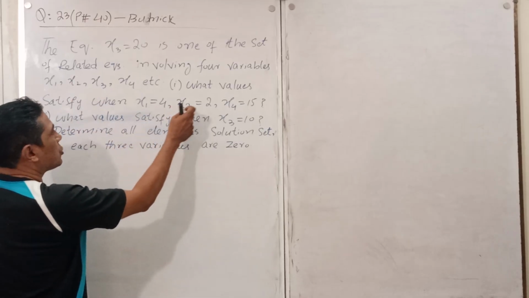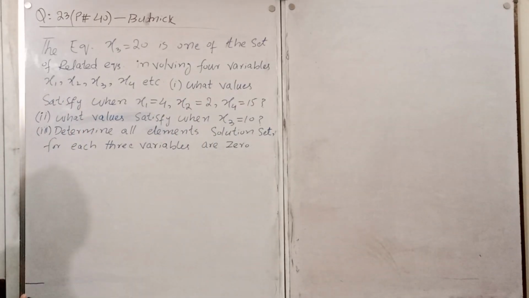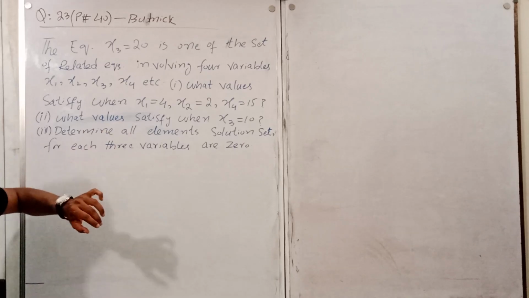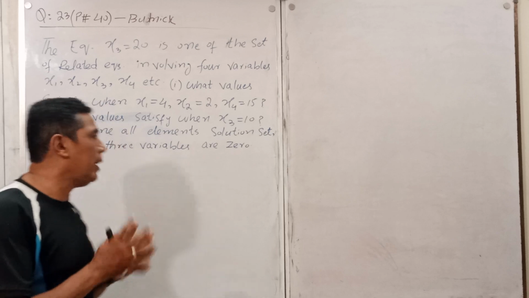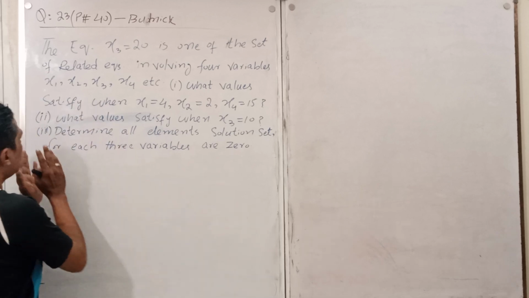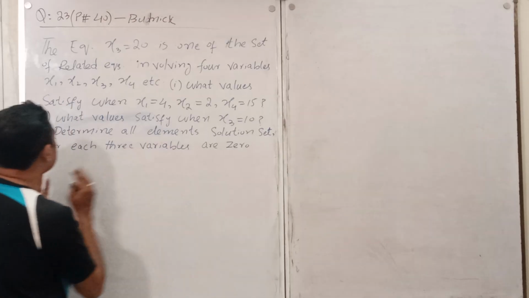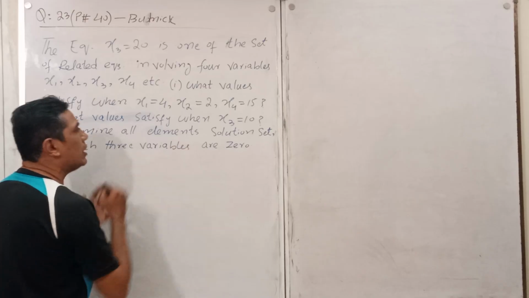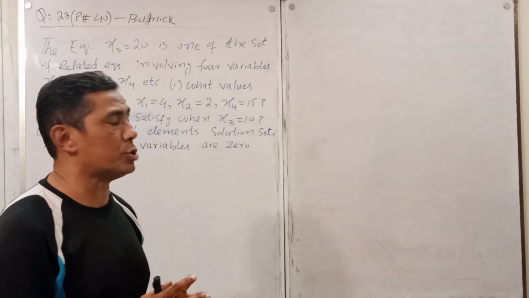The second part is: what values satisfy when x3 equal to 10? Then determine all elements of the solution set for each three variables equal to 0. Clear? So now we have to solve this question.